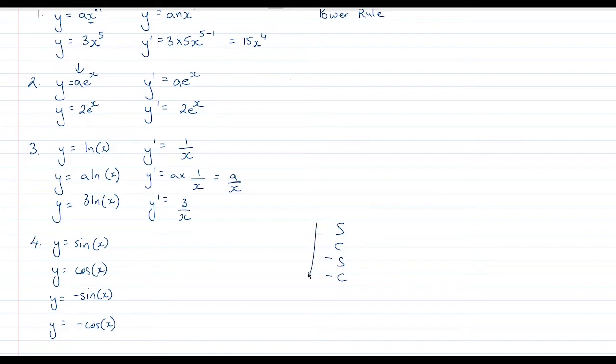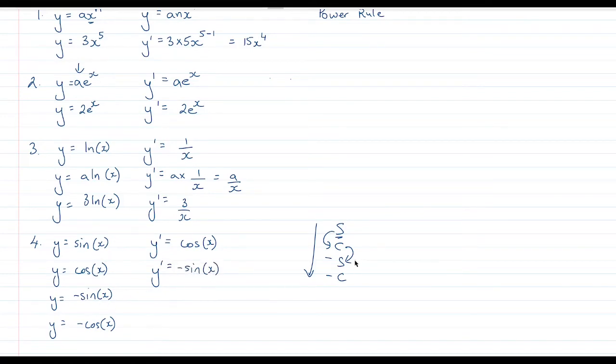So we derive going downwards. So sine x, the derivative of that would be cos x. So for this, we can say y dash is cos of x. For cos x, it derives to negative sine x. So here we can say the derivative of y equals cos x is going to be negative sine x.